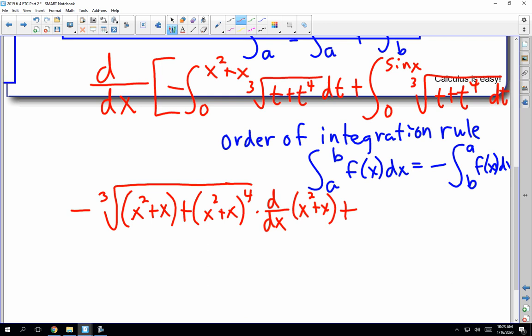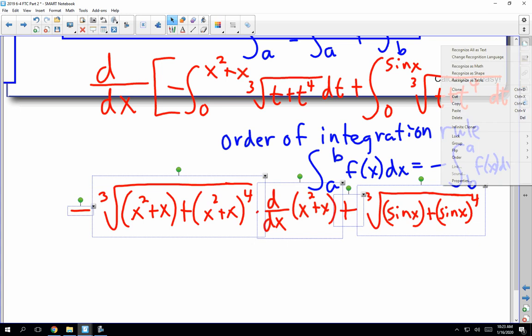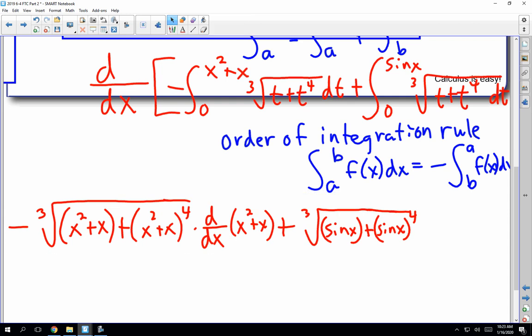So it'll be cubed root of sine of x plus sine of x to the fourth, and then times d dx of sine of x.